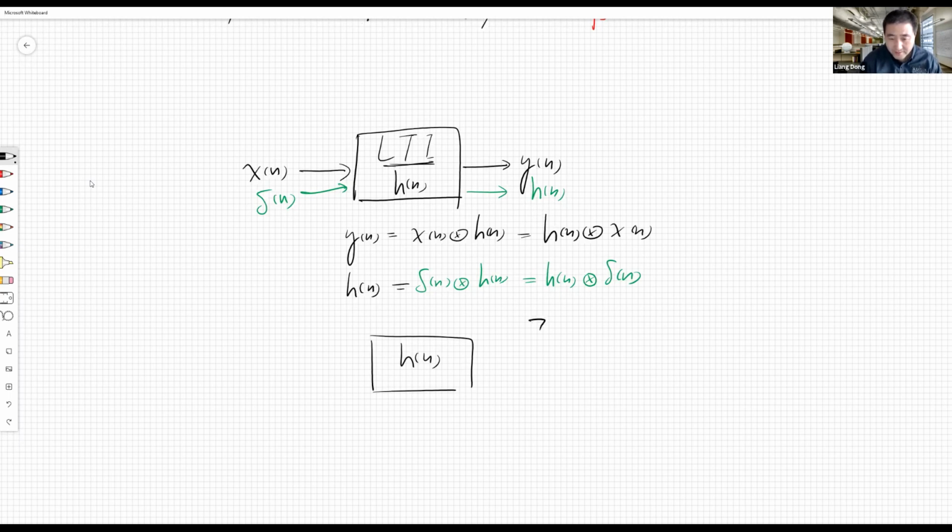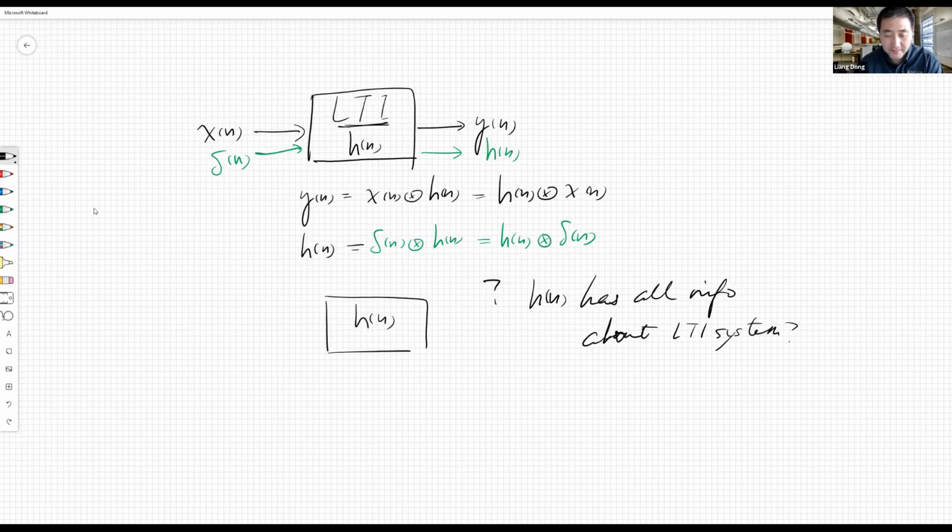Why is that? Let me give you a hint. What is h[n]? h[n] is something you observe when you excite your system with an impulse. How do we know the properties of the system? Well, I need to try a lot of inputs, many different inputs x[n].